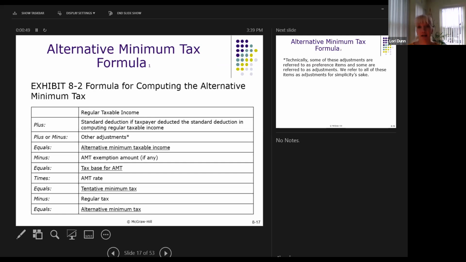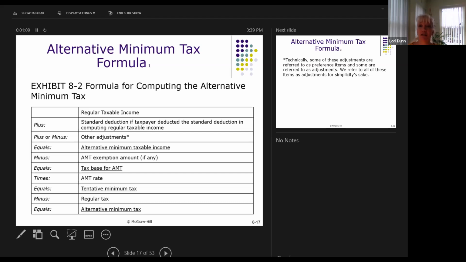Usually our software does the calculation for us now and lets us know that the taxpayer owes an additional amount of tax because their minimum tax is higher than the tax computed for their regular 1040 tax return.